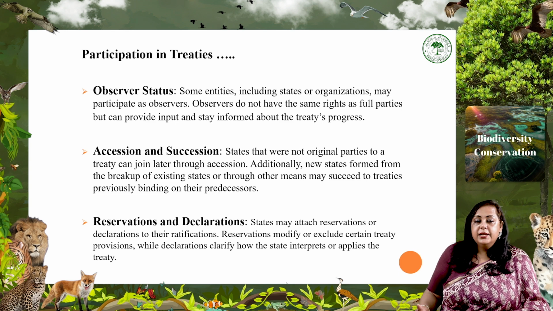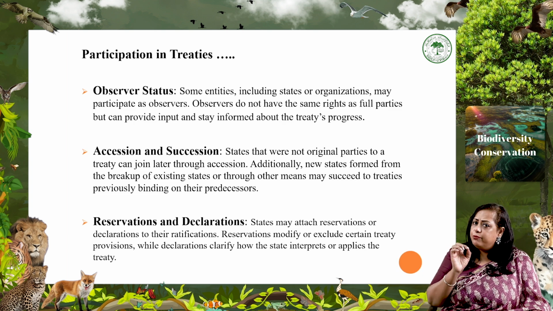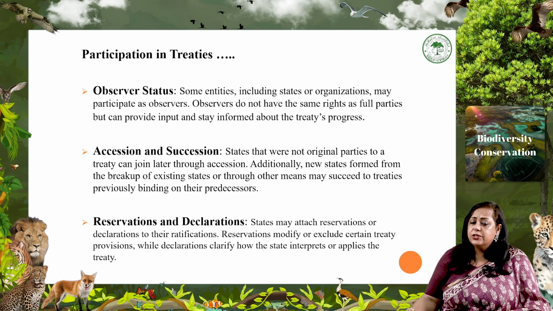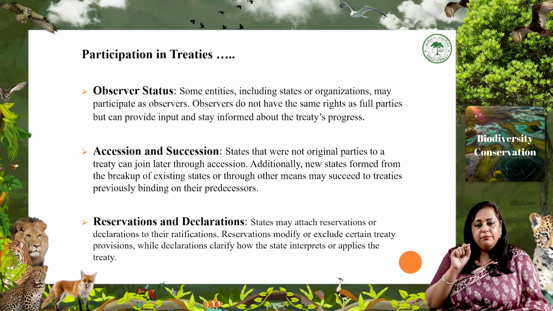Apart from accession and succession, countries have reservations also. They are ready to follow the rules and regulations of the treaty, except a few. That is called reservation and declaration. Like India says, okay, I am ready to follow whatever is written, but please give me some exceptions.